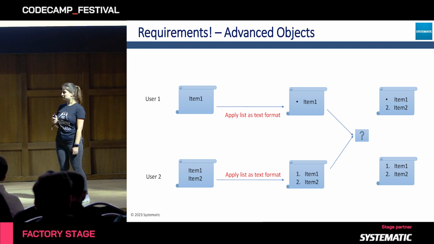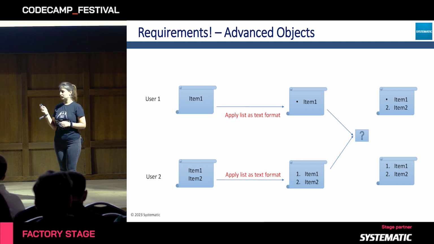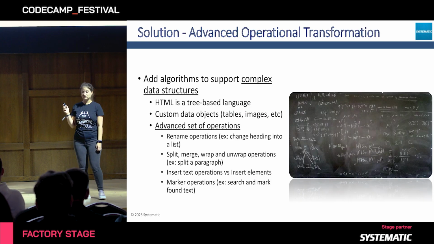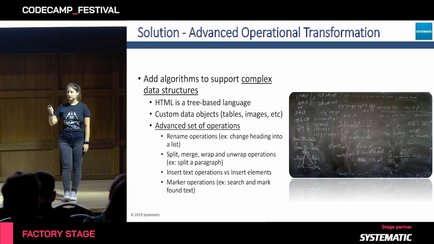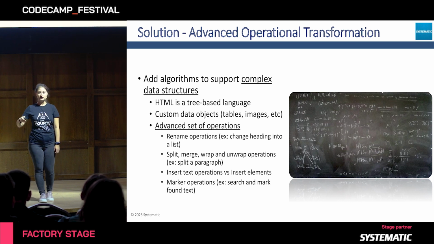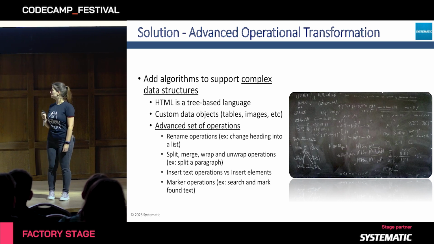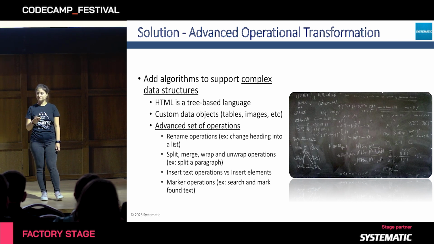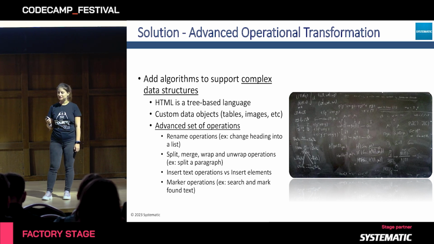We needed support for custom data objects, like I mentioned, tables, pictures, videos, and so on. And we needed to support an advanced set of operations. So we needed to be able to change a text to a list. We needed to be able to split, merge, wrap, unwrap a paragraph anywhere in the middle of it.